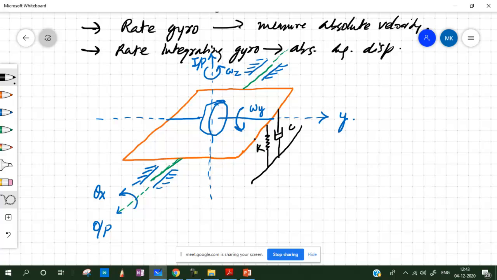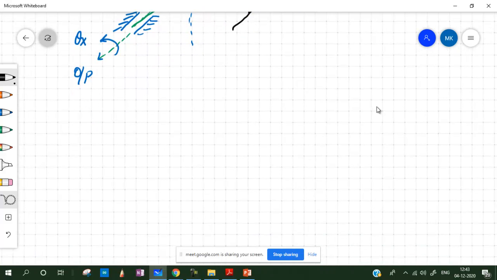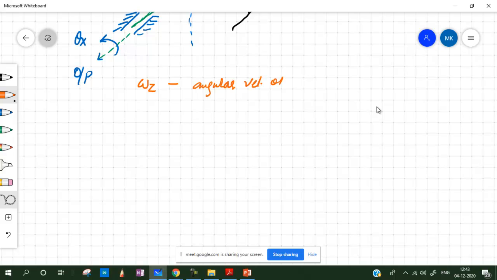So we can basically formulate a mathematical basis for this. We'll just write down these steps to be clear. Let's say omega z is the angular velocity of the gyro case, or you can say the frame, about the z axis.